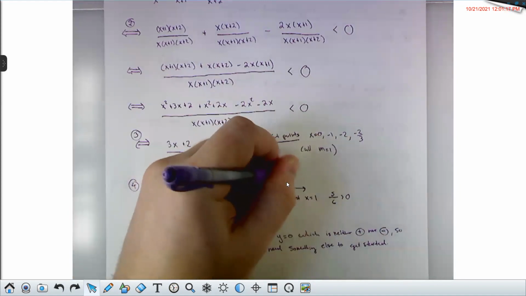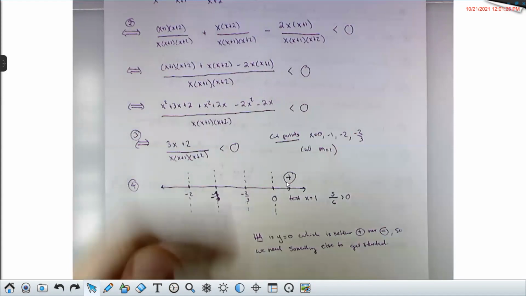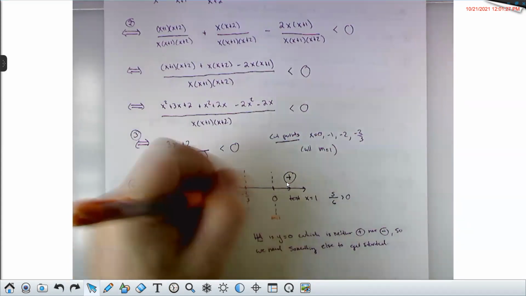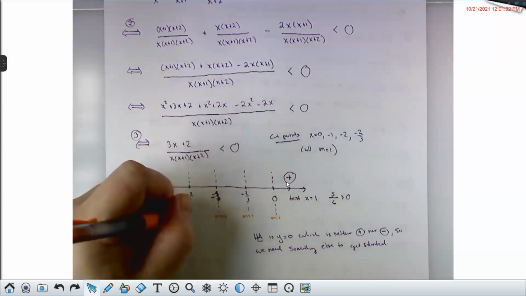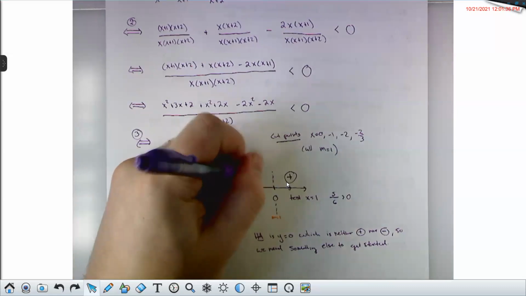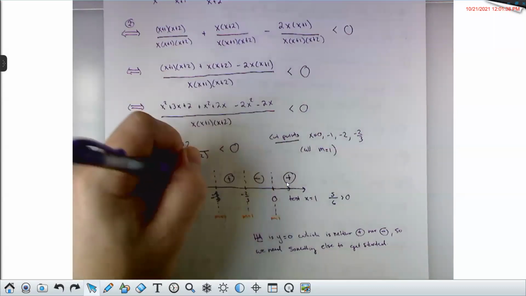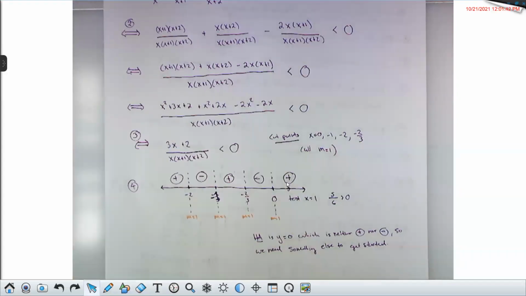So we are positive in this region. And now all the multiplicities were 1. So we're going to change sign as we hop over each of these. So at most, test 1 point. Never need to test more than 1 point.